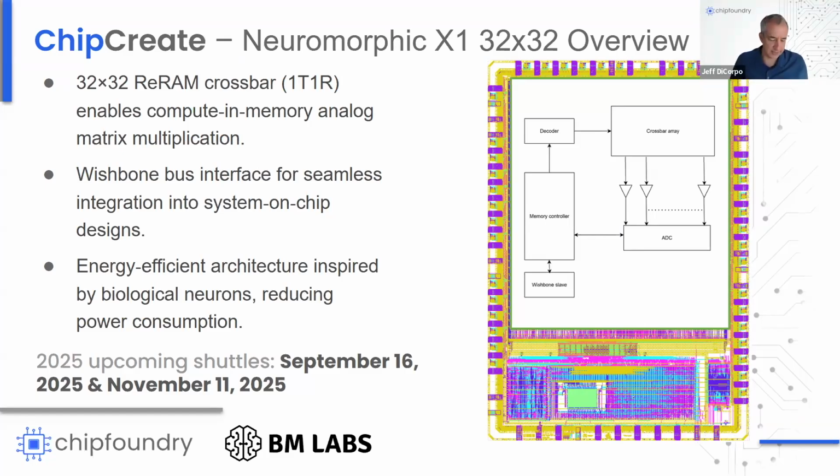Okay. To understand that, I was curious: when you go back and read, you get back the level that you programmed originally? For Neuromorphic X1, it will just threshold it to a high and low value. So we give you a binary value back.